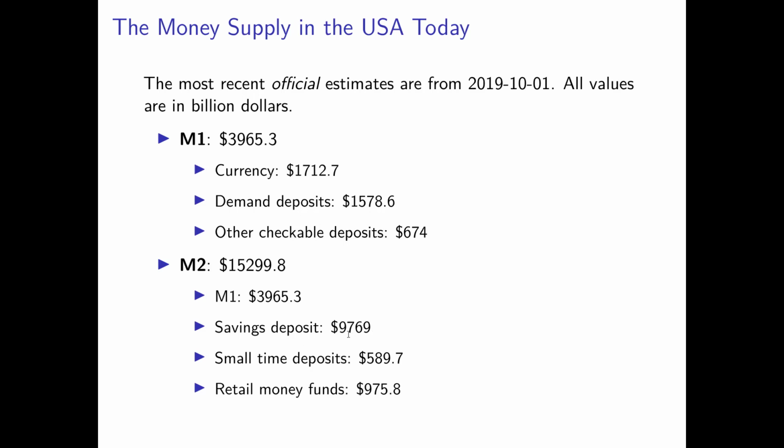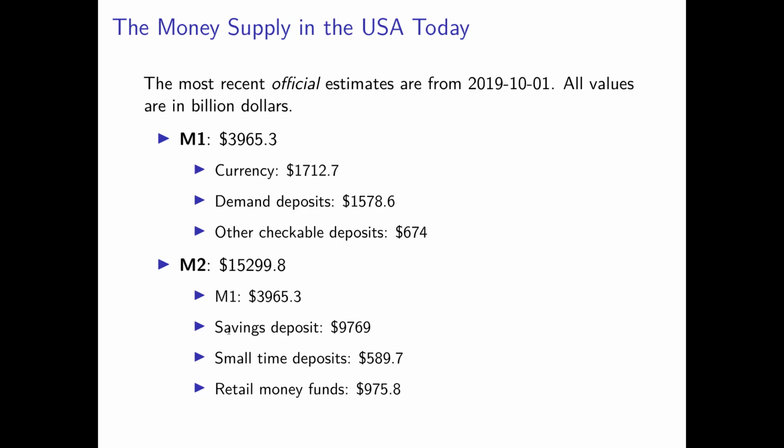Because saving accounts are built over time. But the checking account is what you spend on a day-to-day basis, and you take some money off of your checking account to put it in the saving account and so on and so forth, right? So, and again, this is built over time, so it makes sense that it's much larger. So this is what the money supply in the USA looks like today.